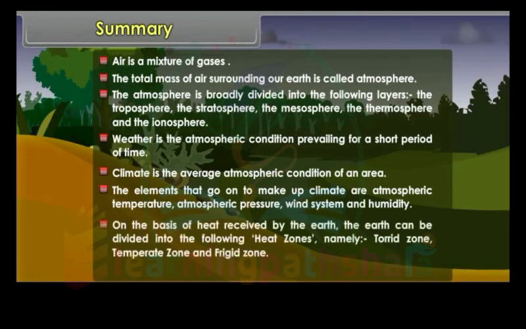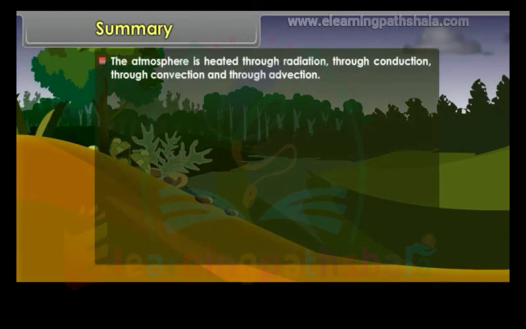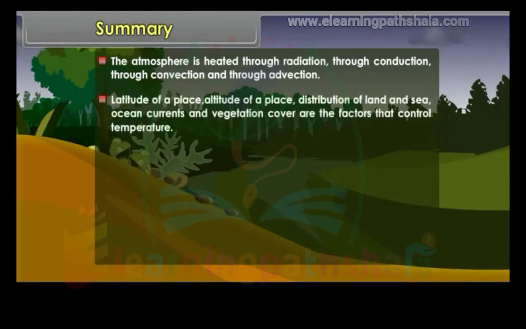On the basis of heat received, the Earth can be divided into the following heat zones, namely torrid zone, temperate zone and frigid zone. The atmosphere is heated through radiation, through conduction, through convection and through advection. Latitude of a place, altitude of a place, distribution of land and sea, ocean currents and vegetation cover are the factors that control temperature.